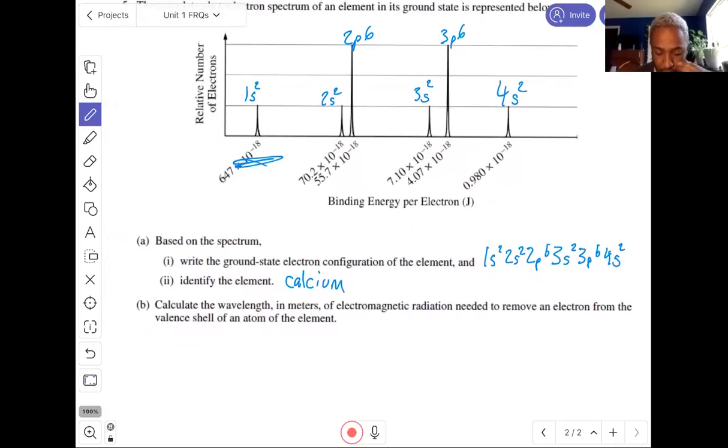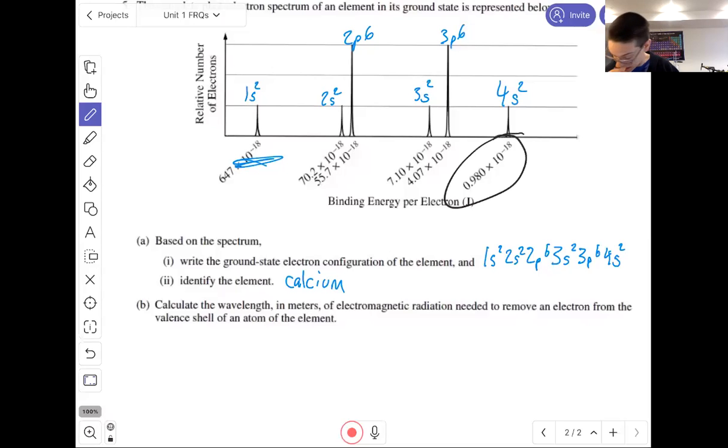So first off, which of these numbers down at the bottom represents a valence? The 4s2. Yeah. That is an energy.